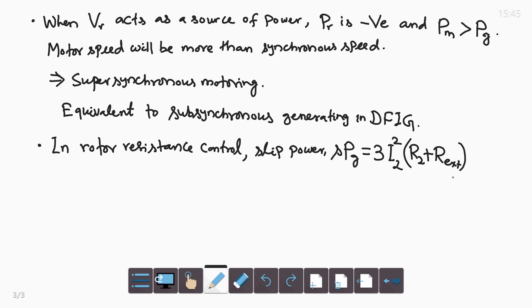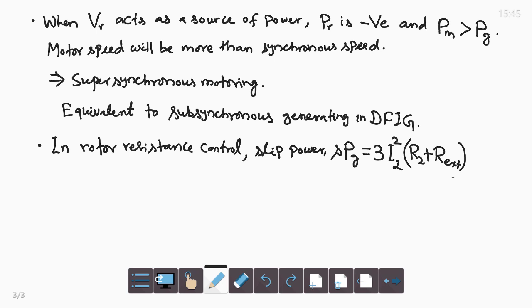So, by varying the external resistance, the slip S is varied. A part of the slip power is dissipated in the external resistance, and by varying this dissipation through external resistance control, slip is varied and hence speed is varied.